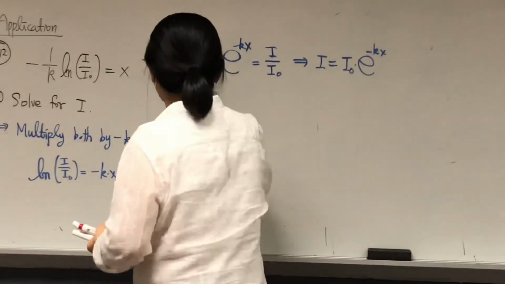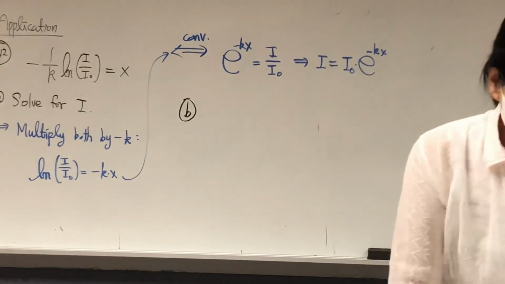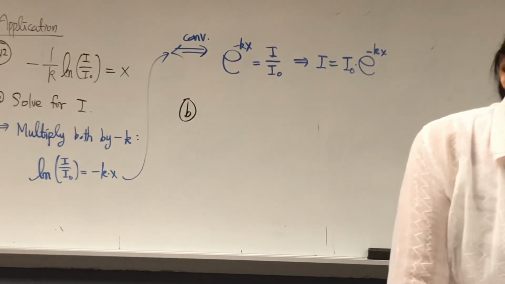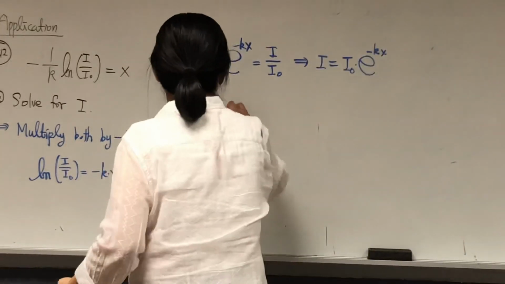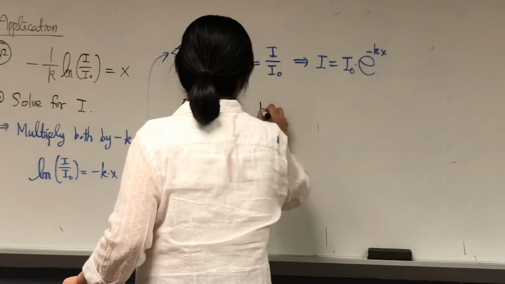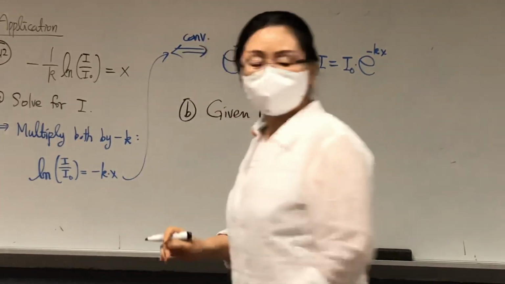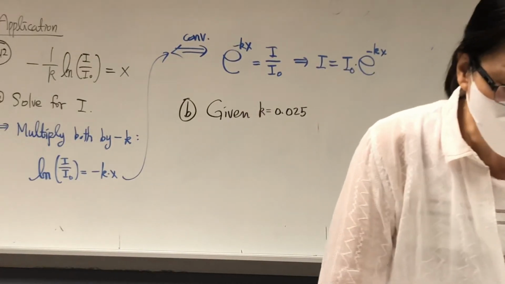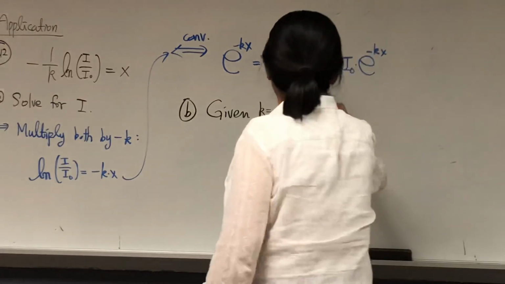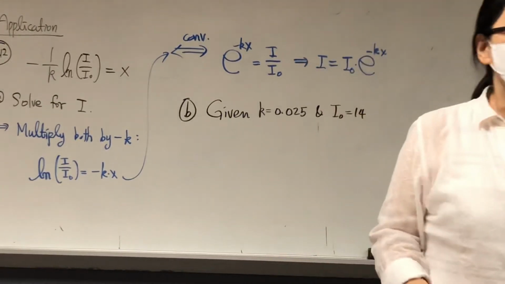B. What is the question? For a certain lake, K is what? 0.025. And the light intensity is 14 lumens.